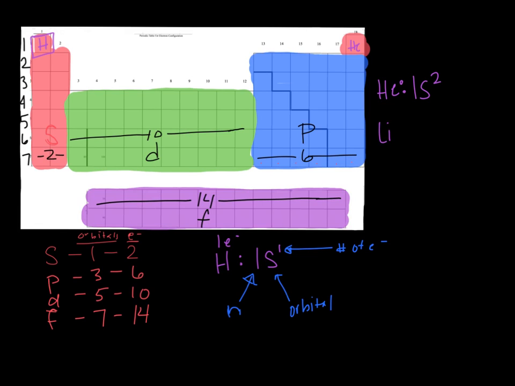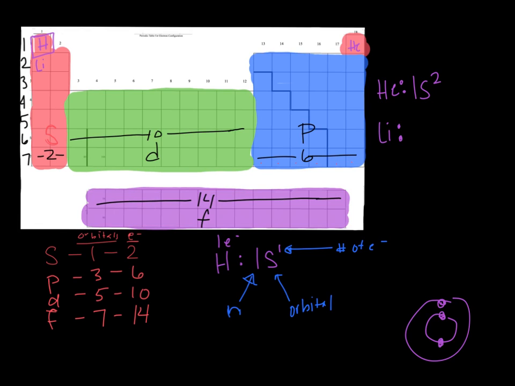Now if we go down to lithium, which is right here, we have to start from the beginning because we have to fill the lower level first. When you made the Bohr atom, you had to fill up the first ring before you could get to the second ring. And so we have to do the same thing here.